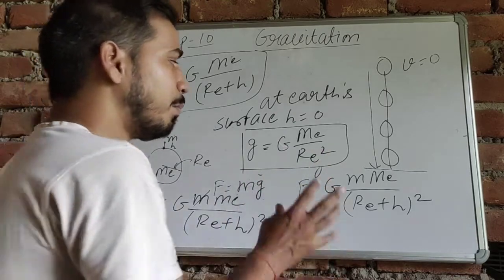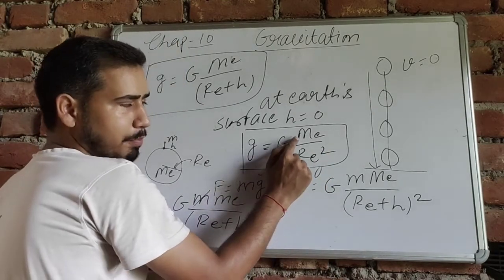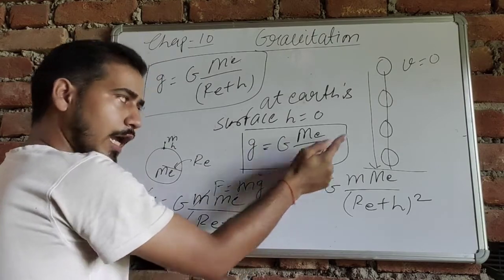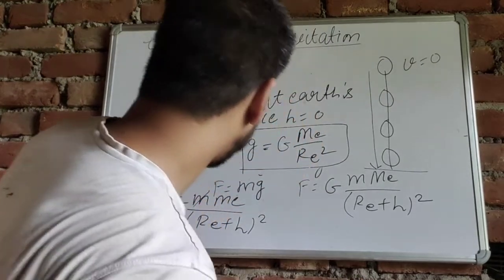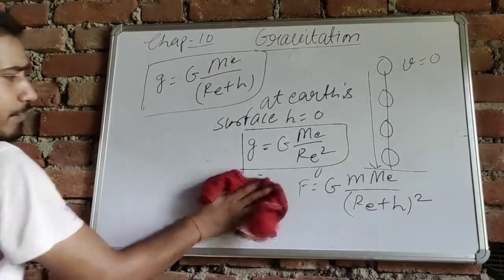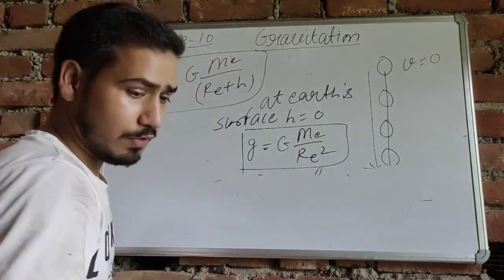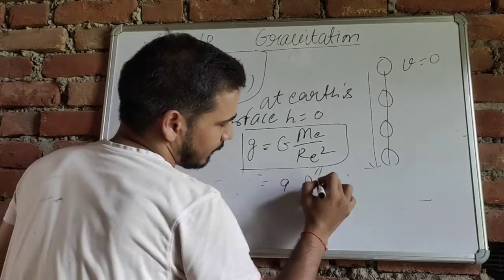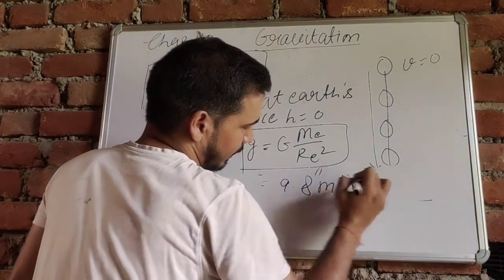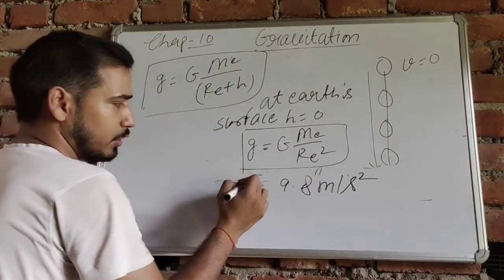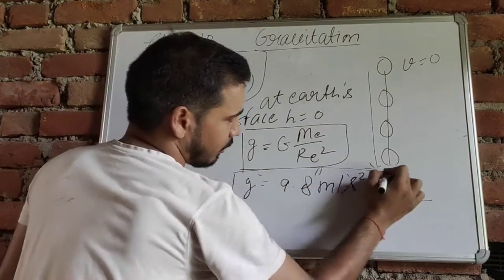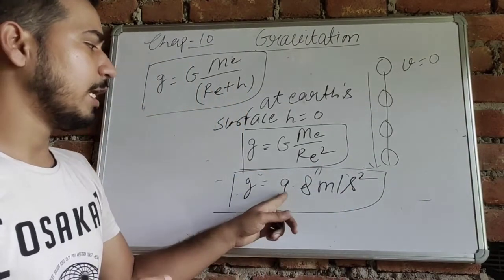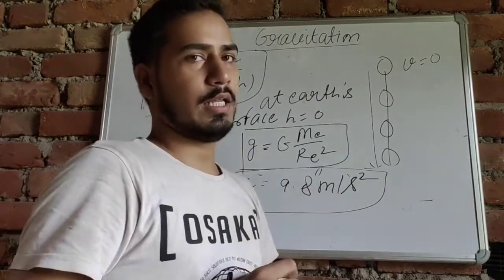So if we place the value of capital G, mass of earth, and radius of earth and calculate, we get the average value of g, which comes to 9.8 meter per second square. So the value of g, acceleration due to gravity, is 9.8 meter per second square.